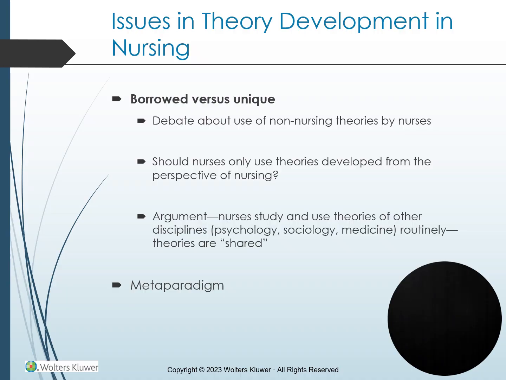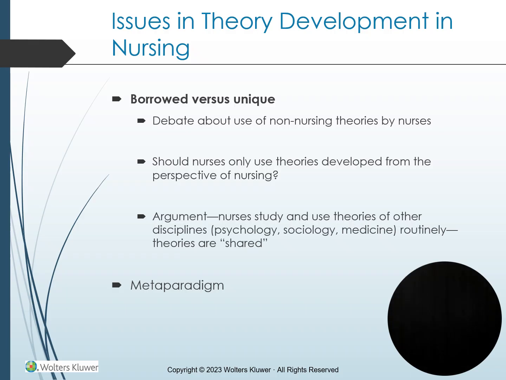And the question is often asked, should nurses only use those that were developed by nurses and prescriptive to nursing? And then there have been arguments to state that in certain studies, theories of other disciplines we can share, but should we routinely share those?